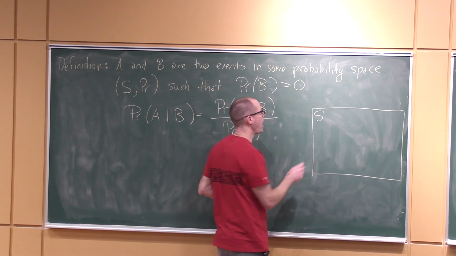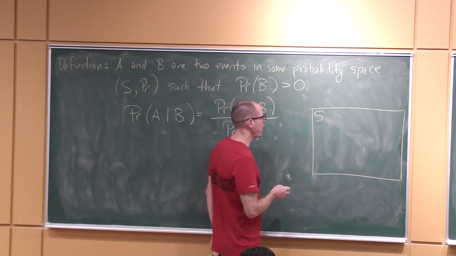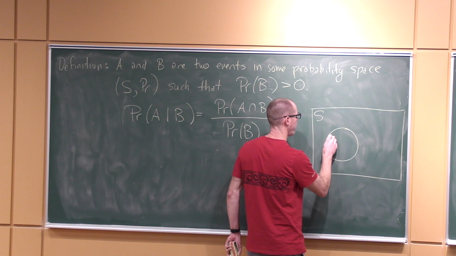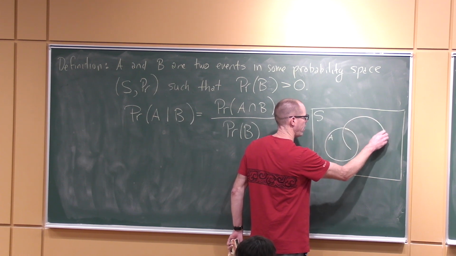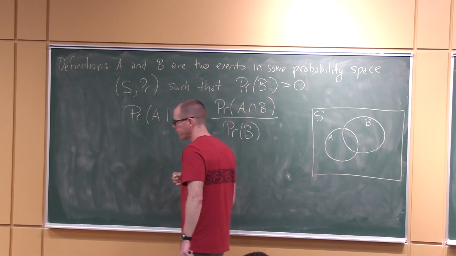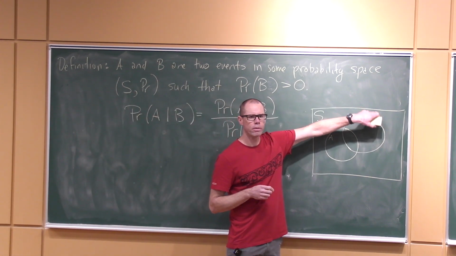So we have this big set of possible outcomes here, S, and we have a set A, and we have a set B. So anytime you run this experiment, you land somewhere in this universe.